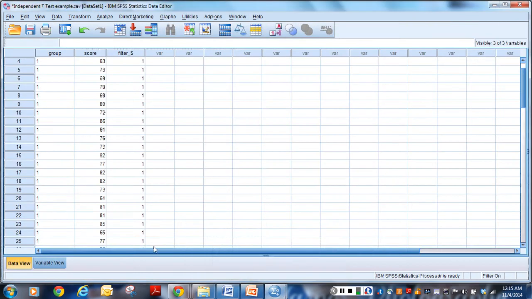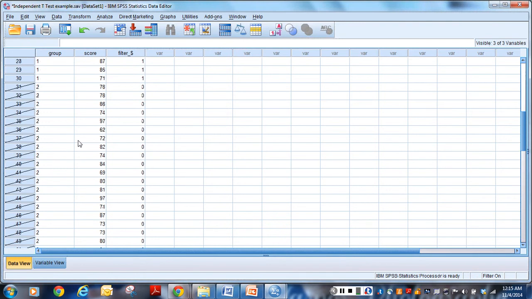Now if I go back to my data view and scroll down, notice that all of the individuals who were part of the treatment group are marked out. That's telling us that we are not looking at this data right now. It's only looking at the control group.